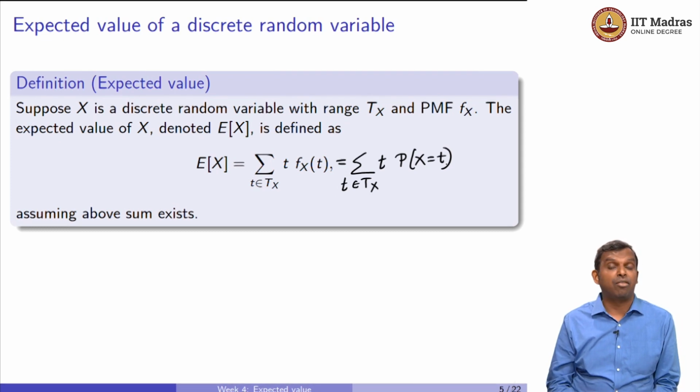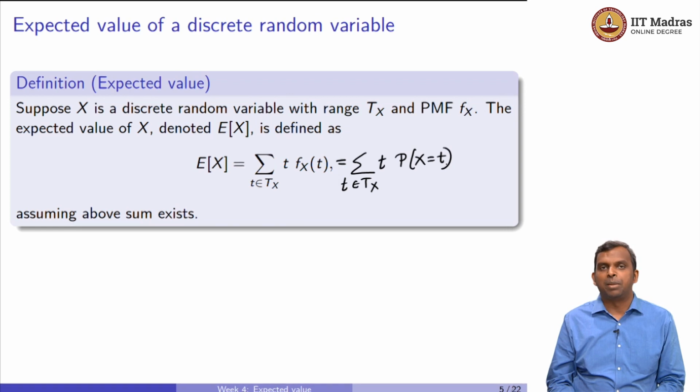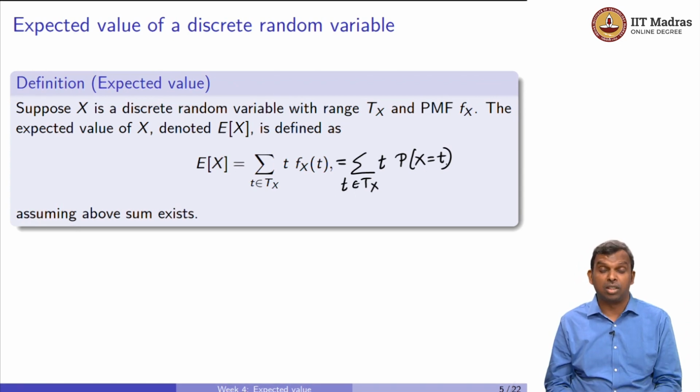So that's the average or expected value of the random variable X. Like I said, it has the operational meaning that if you repeat this experiment, observing this random variable several times independently, and then add it all up and average it, you will get something close to E of X. We will prove such statements later on.